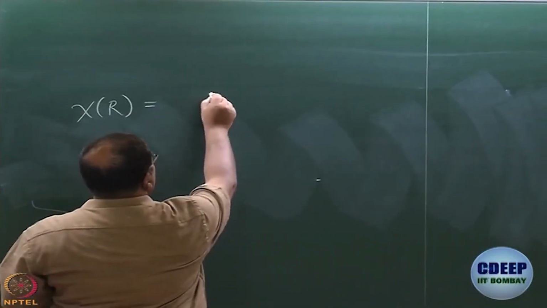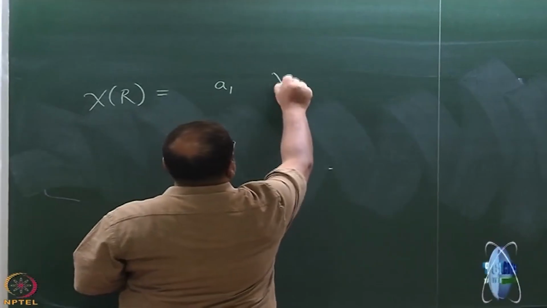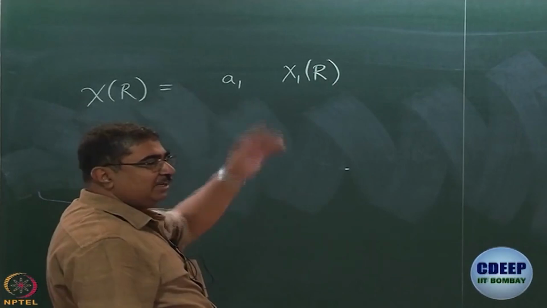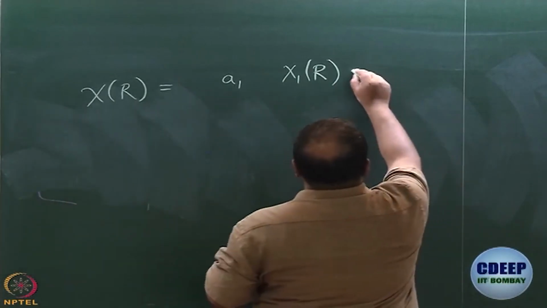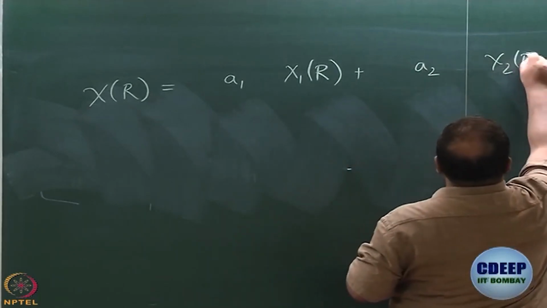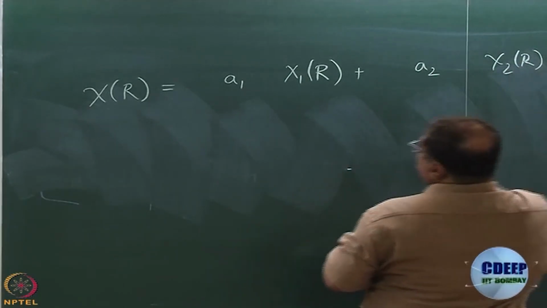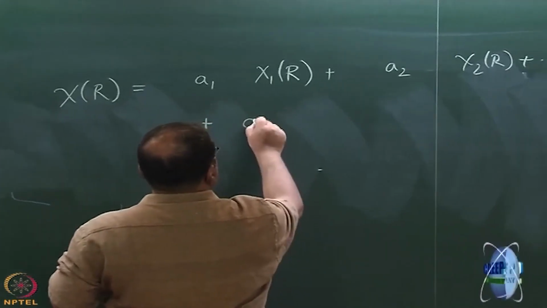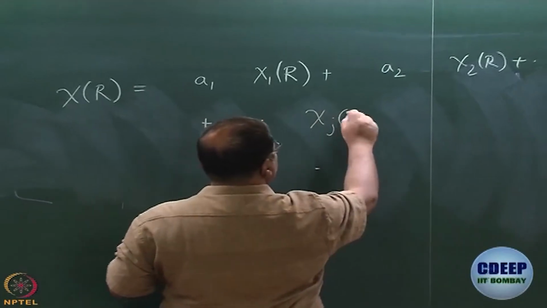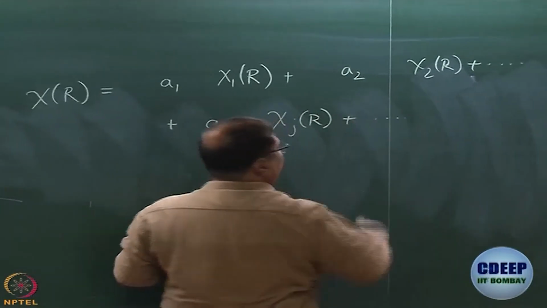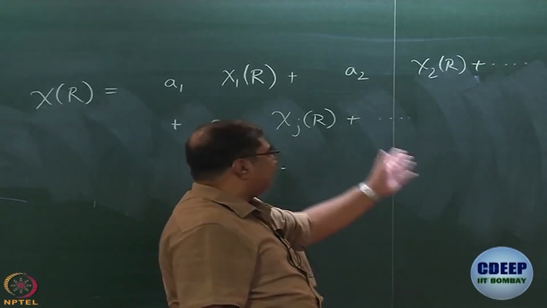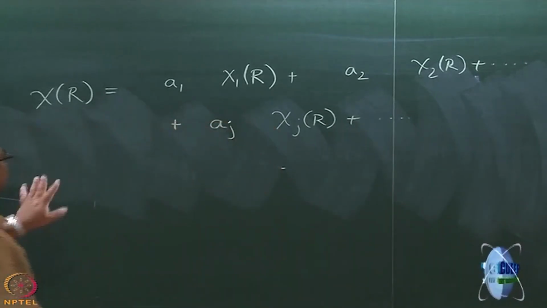I will write like this: A1 chi 1 R. You will understand in a while why I have left a space between A1 and chi 1 R, plus A2 chi 2 R, plus so on and so forth, plus let us say take some specific one, Aj chi j R, plus the last one. It does not matter. Okay, this is what it is.